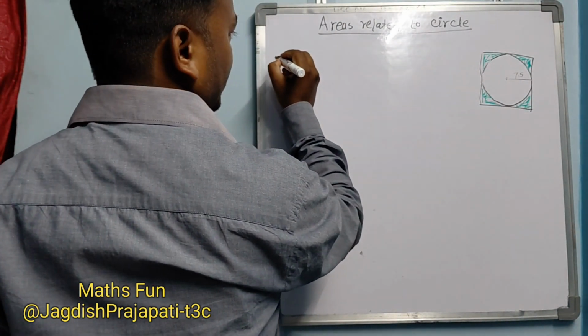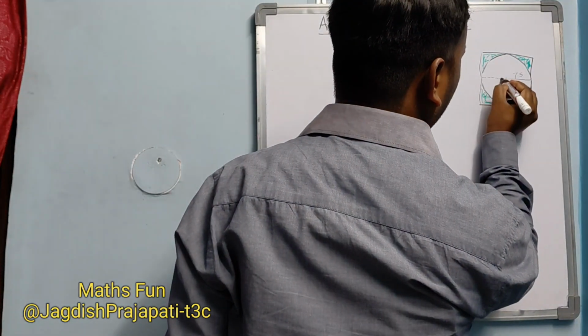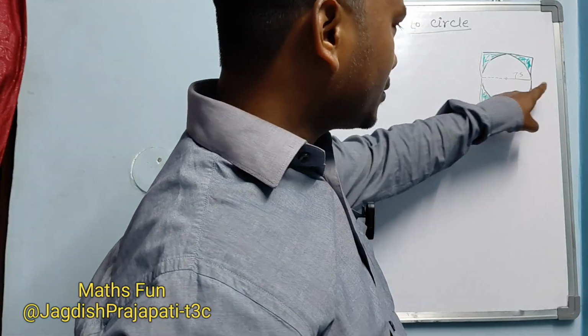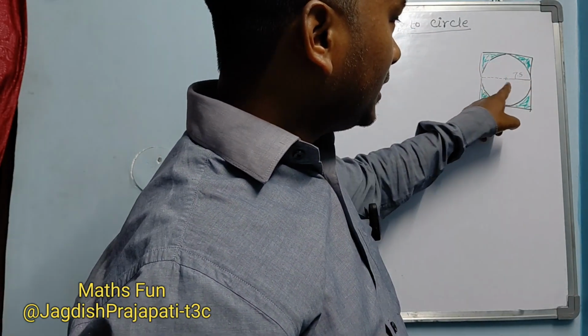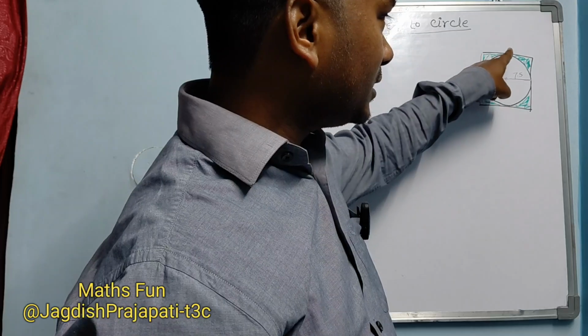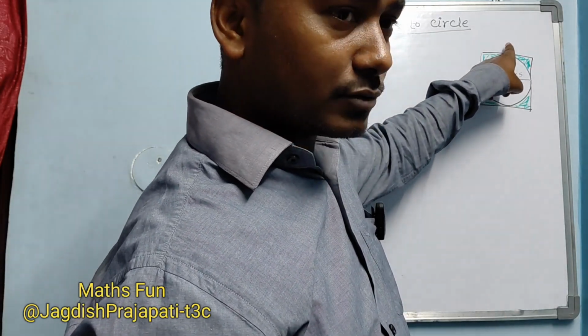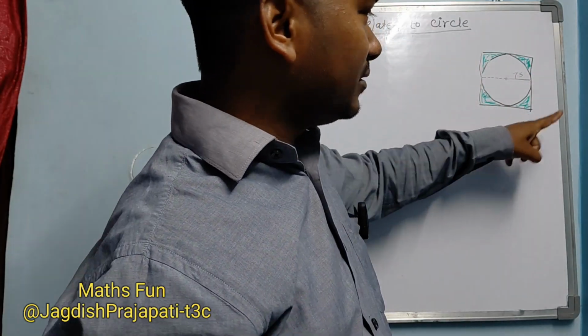Now see, the radius is 7.5, so the diameter will be 15, and since this is a square, this will be the length of the side of the square. This will be equal to this, and this also. And since it is a square, every side will be equal.